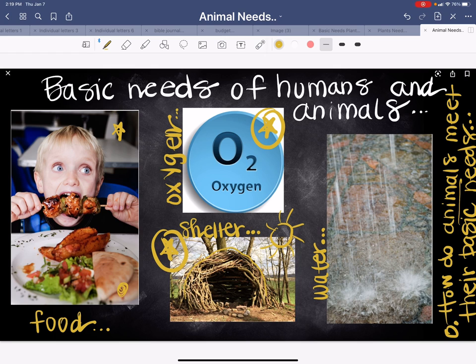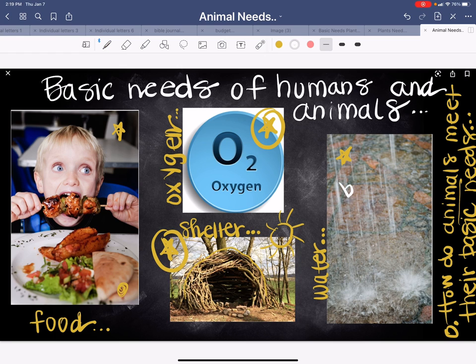And the last thing that we need to meet our basic needs is water. Water is also essential to both the survival of humans and animals. Humans and animals will die if they don't have water for a certain period of time. Water is needed for the following reasons.